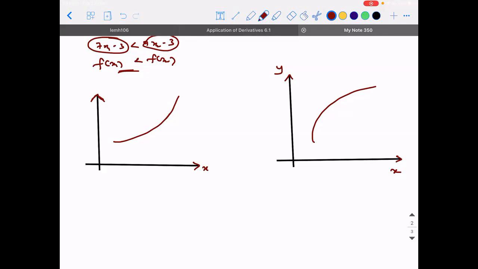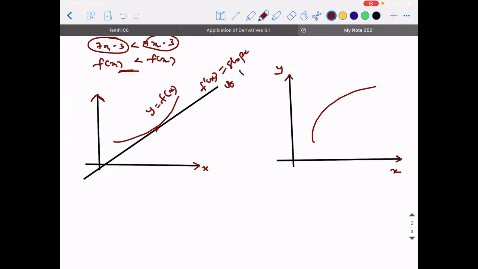Okay. So for this function, if I draw a tangent at any point, then if I take this y is equal to f of x, then the slope of the tangent at this point is given as f dash of x. f dash of x is what actually?